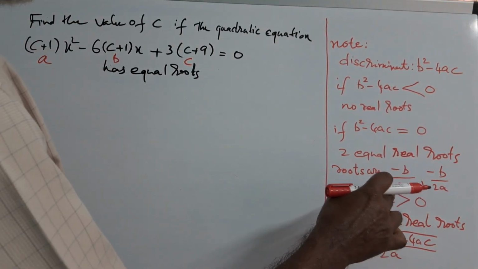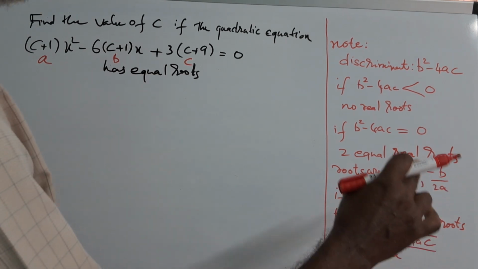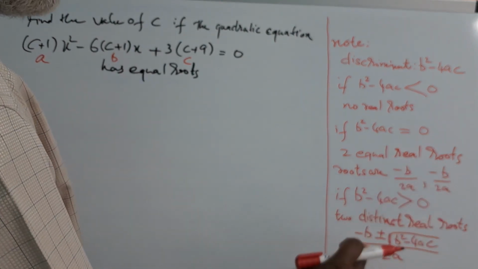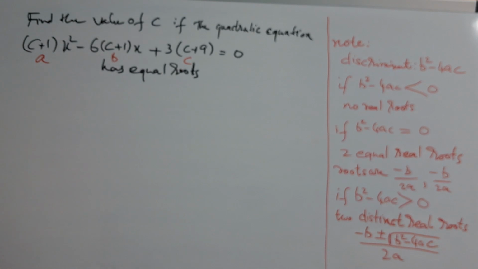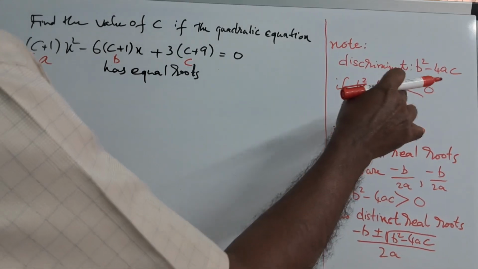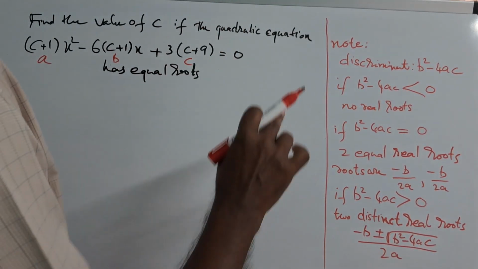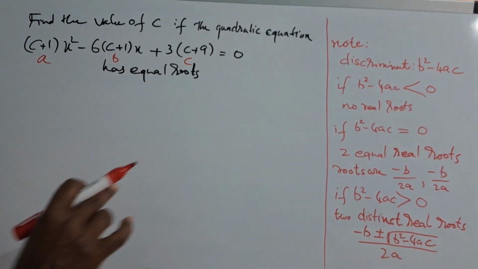If b square minus 4ac is greater than 0, the equation has two different or distinct real roots. The roots are minus b plus or minus root of b square minus 4ac. If the discriminant is negative, less than 0, then the equation has no real roots.